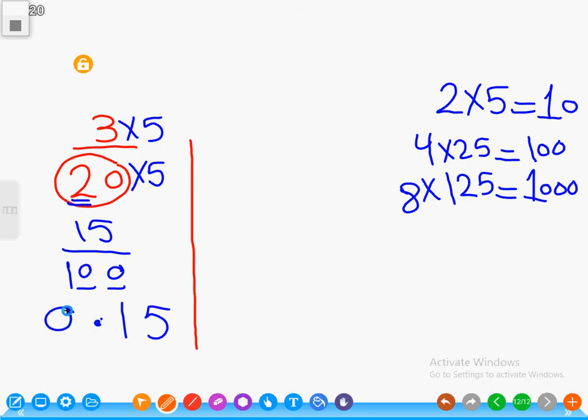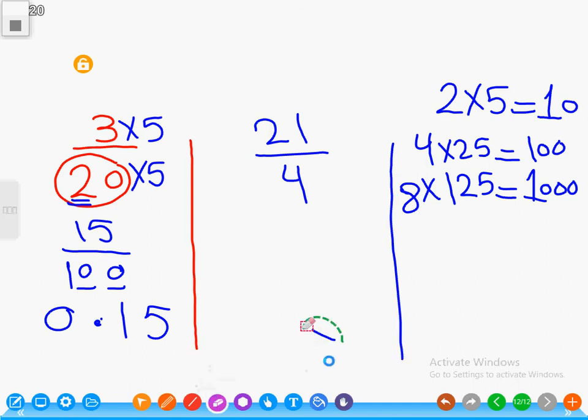Let's take another example. 21 over 4. Okay, guys. What's the friend of 4 to make it 10 or 100 or 1000? Yes, 25 with 4 will be 100.